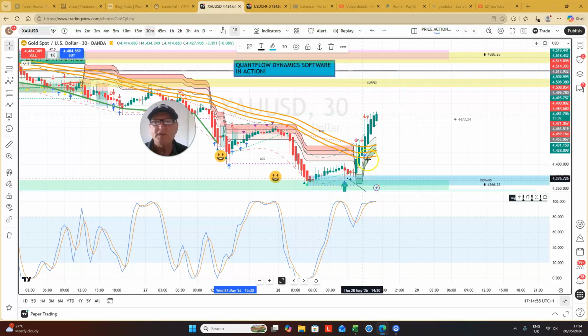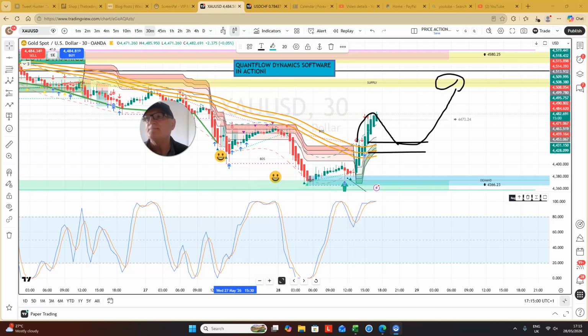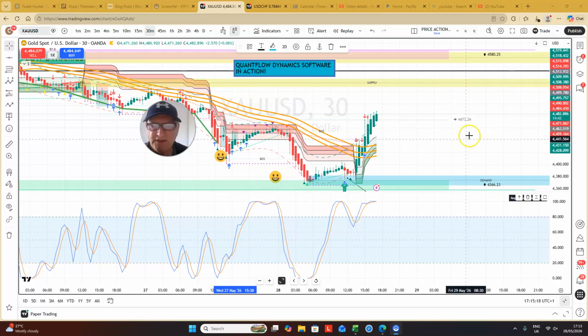But we can see from this information where the price is going. What's likely to happen is it's going to come back down into about 44.40, 44.30, somewhere around here. And then it's going to move back up into 45.08, into this supply zone here. Fairly straightforward, nothing new in that.